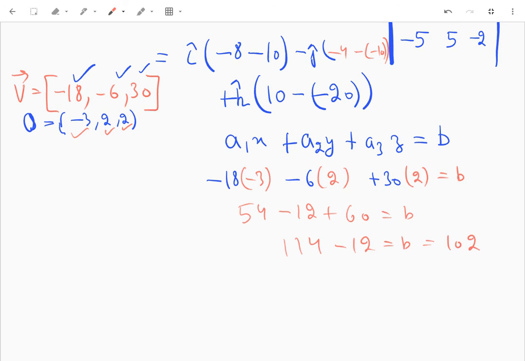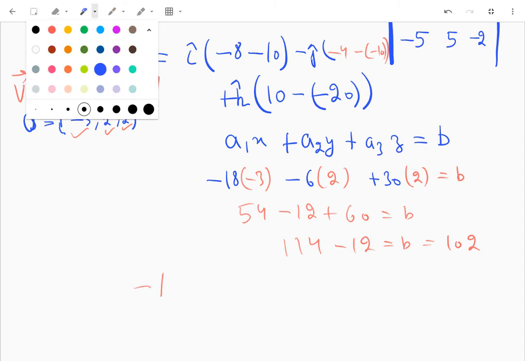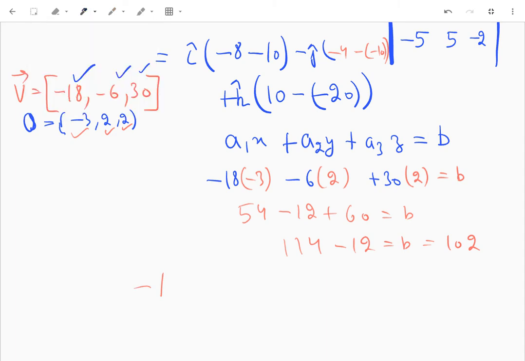So my required equation of the hyperplane, with the help of 2 points and a vector on that same plane, not orthogonal to it but on the same plane, turns out to be 18x minus 6y plus 30z equals 102. So this is my equation.